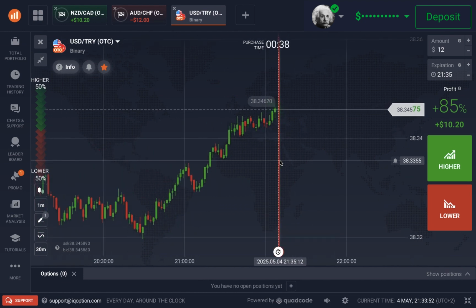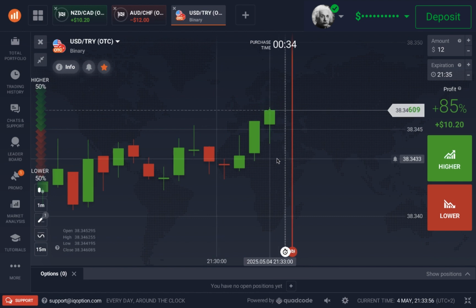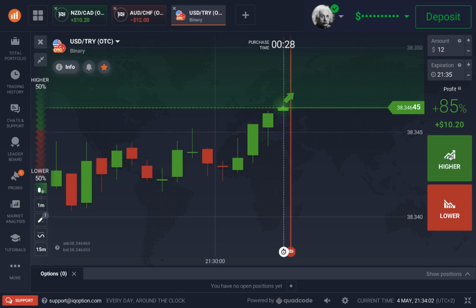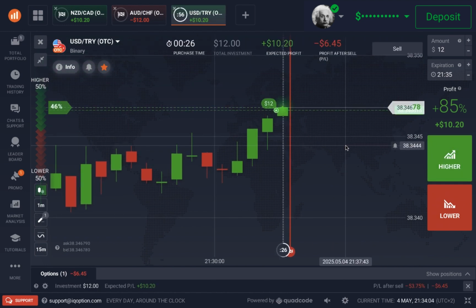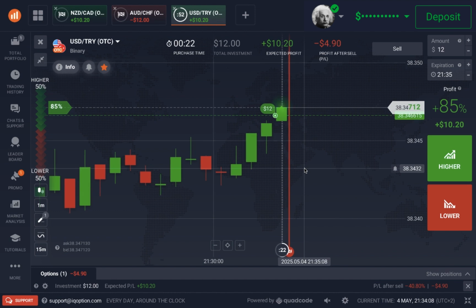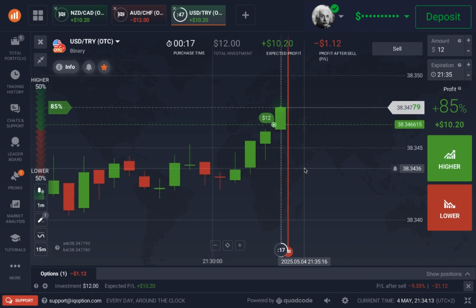Trend is uptrend. Let's find a good opportunity. Okay, late entry, but no problem. Might give me a win trade. Trend is uptrend.